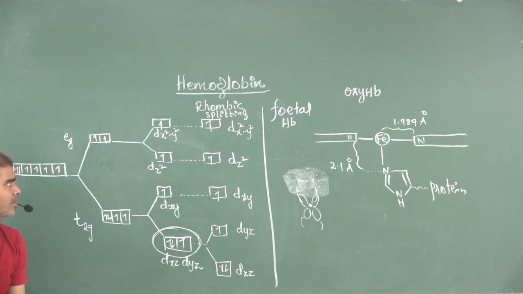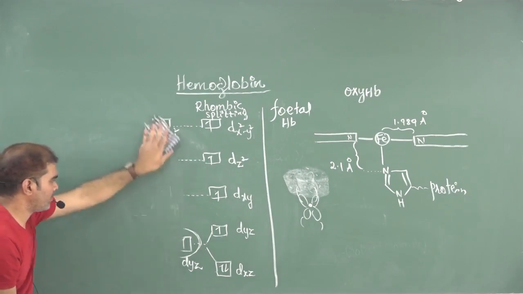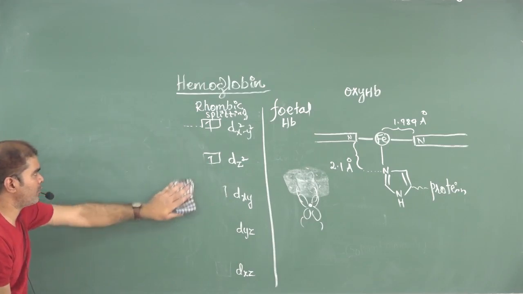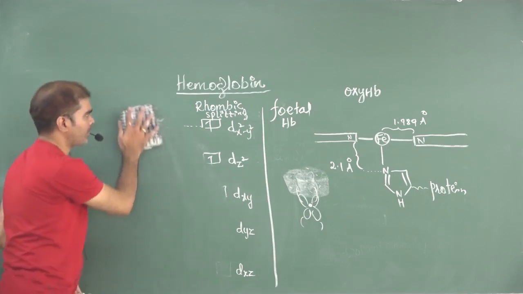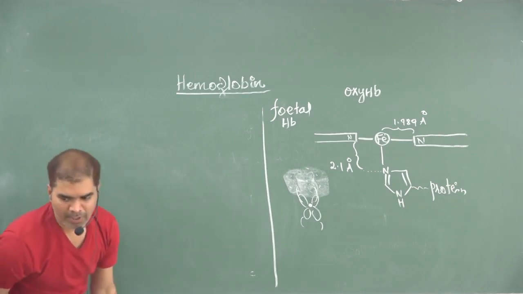Next, rhombic distortions are due to unfavorable orbital overlapping interactions between the pi electron cloud of porphyrin and the T2g set of iron. Okay.